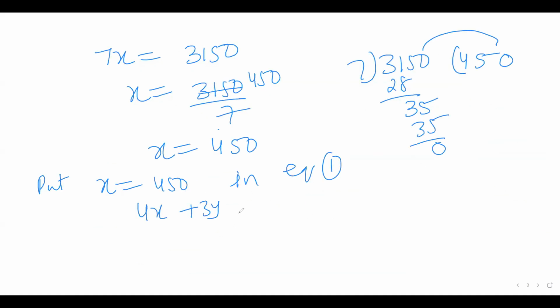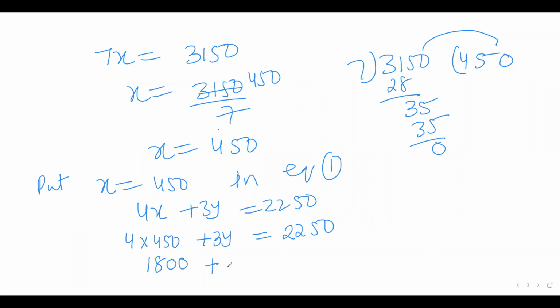Put x value. 4 into 450 plus 3y is equal to 2250. 450 times 4, I think it is 1800, plus 3y is equal to 2250.